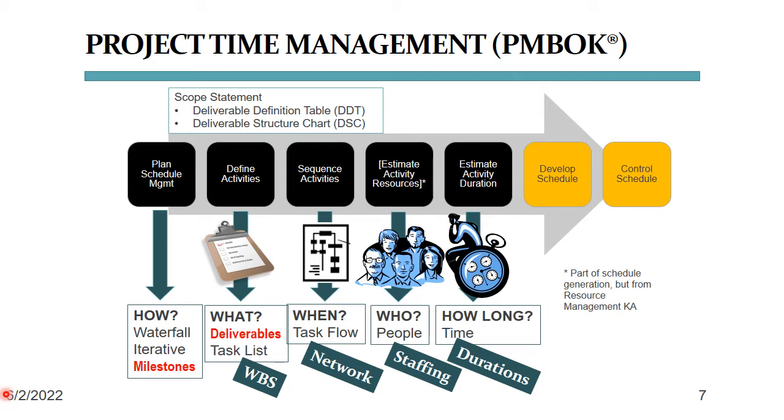At any rate, we have to establish when we want the most important 5 to 10 events to occur. These are called the project milestones, like end of design phase, end of testing phase, go live, or end of sprint 1, end of sprint 2, that kind of thing.